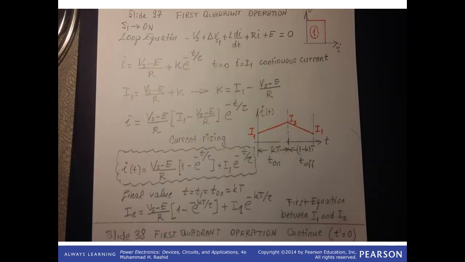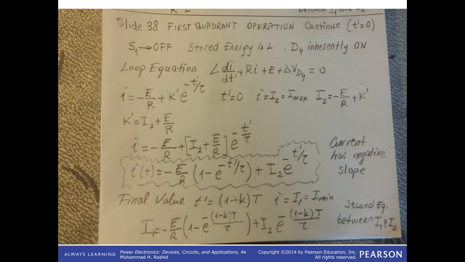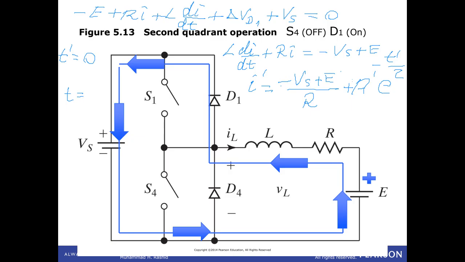Bakın burada şu zamana 0 derseniz, if you assume that this time is equal to 0, actual time is equal kT. Similar manner. Time prime 0 dediğinde time is equal actually kT.